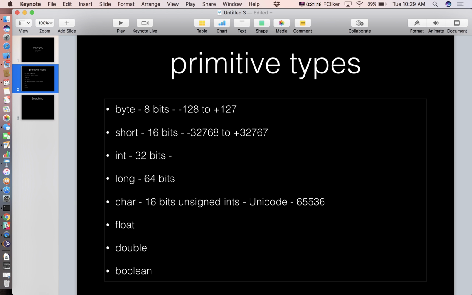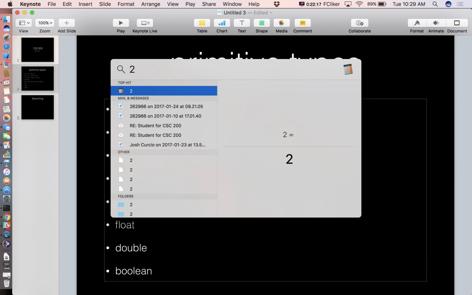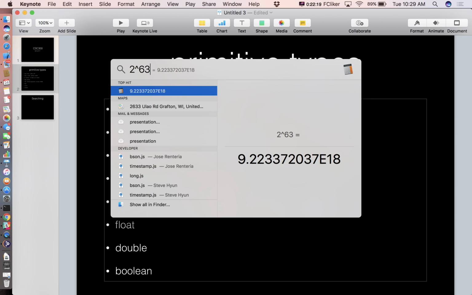Ints can hold negative 2.1 billion to positive 2.1 billion. And longs are a huge number, something like 2 to the 63rd, about 9.2. Is that quintillion or quadrillion?